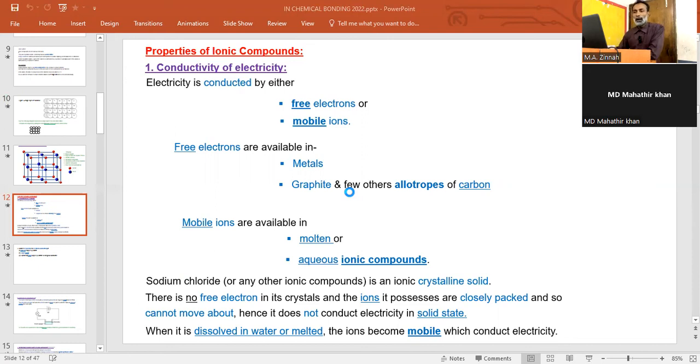Mobile ions are available in molten or aqueous ionic compounds. Yes, that must be there. Sodium chloride or any other ionic compound is a model, an example. In an ionic crystalline solid there are no free electrons, no mobile ions, right?